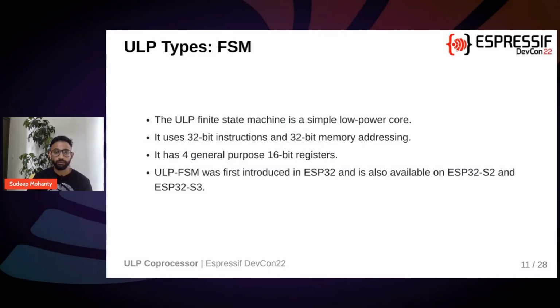This is a simple low-powered core that was developed by Espressif. It has its own instruction set, and it has its own way of programming, and it can perform all tasks that ULP can, and this is the first kind of core that we have. This was first introduced in the ESP32, and it is also available on the ESP32 S2 and the ESP32 S3.